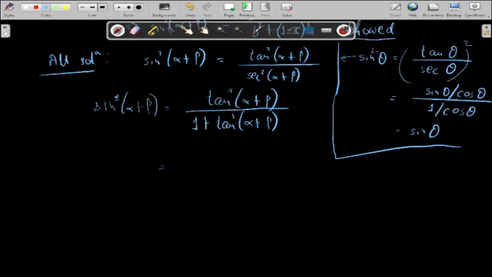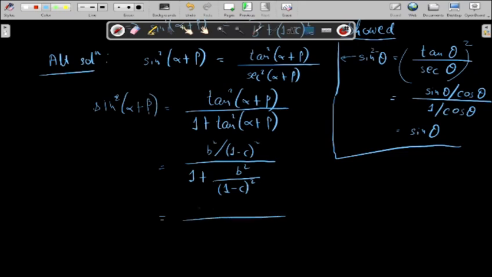So we will use that here. B square by 1 minus c whole square plus 1 plus b square by 1 minus c whole square. Okay, so if we take the LCM, in the numerator we have this entirely divided by 1 minus c whole square.